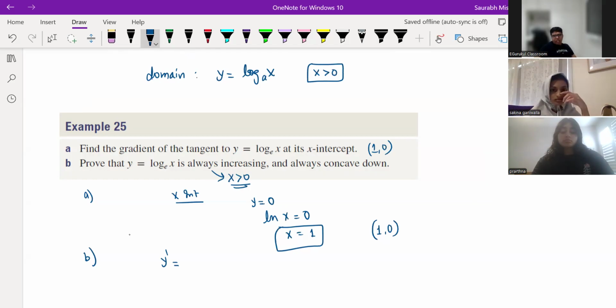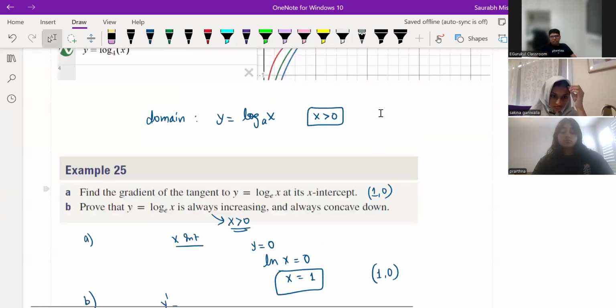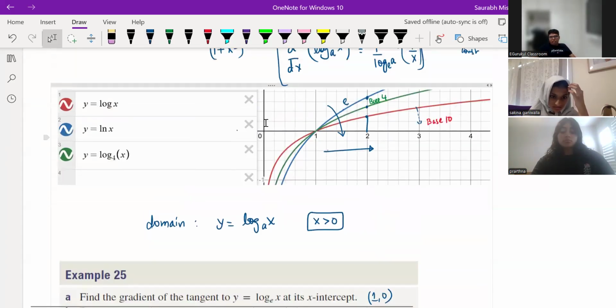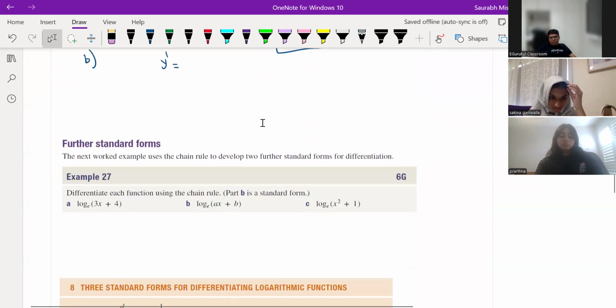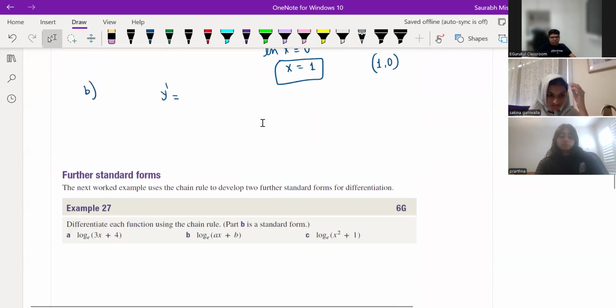Yes, you can see the graph here, it will never touch the y-axis. There is a vertical asymptote for this one. You'll never reach x tending to 0. Clear?